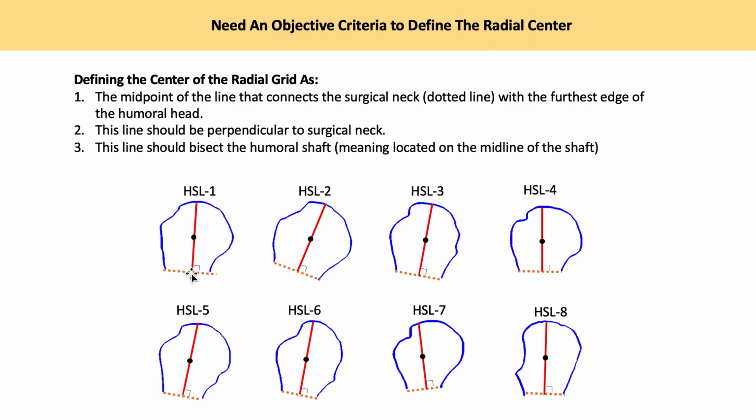Along that line, I then found the surgical neckline that's perpendicular to the midline. The midpoint of this red line, defined by these two lines, is the center of the radial grid. This way we can objectively identify a center location for every shoulder, whether it's affected by a lesion or not.